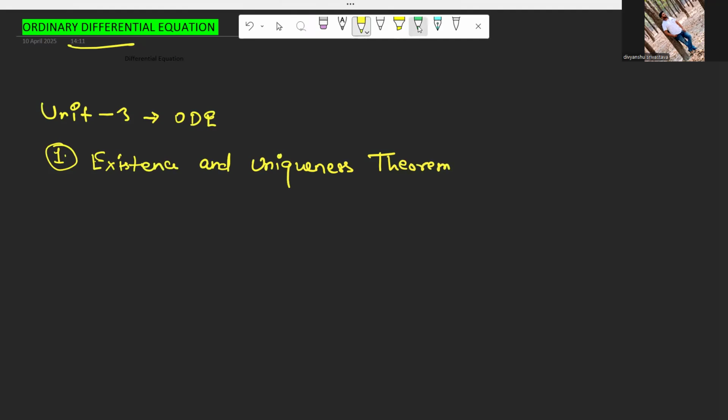In this section, generally questions are asked related to initial value problems. And the second thing is Picard's theorem.